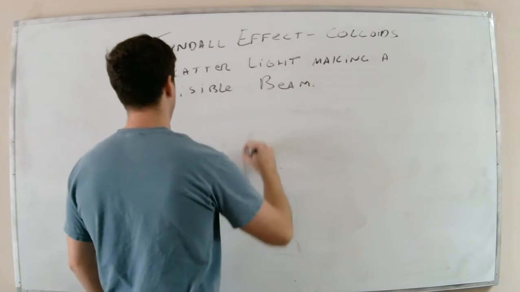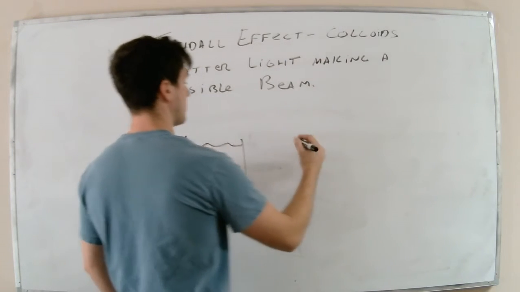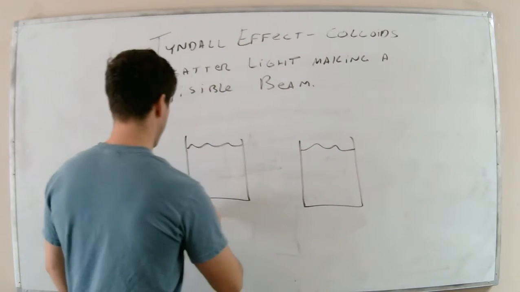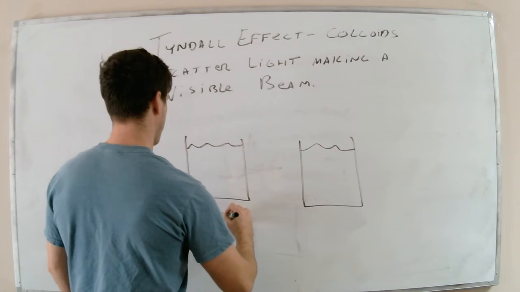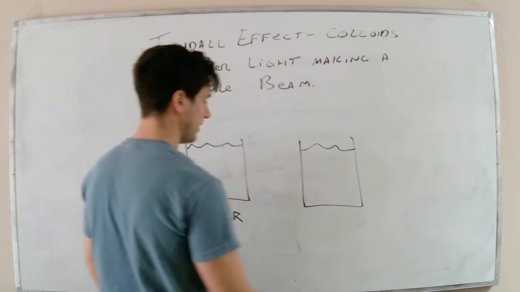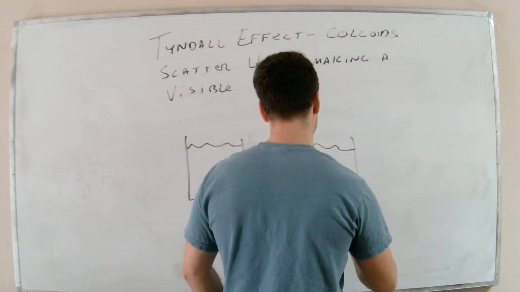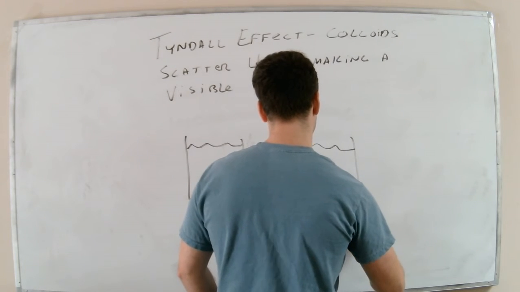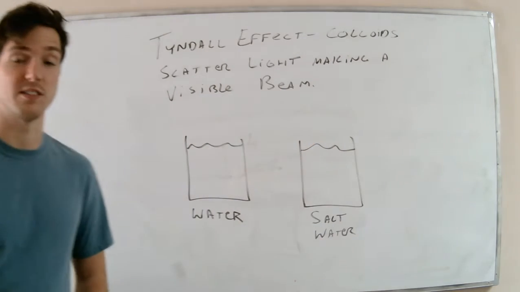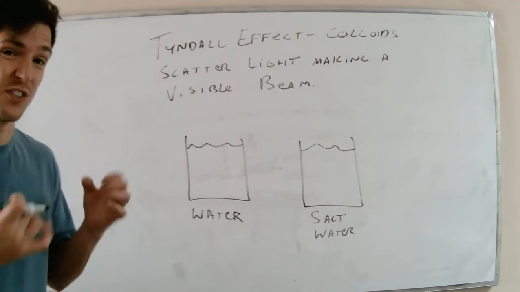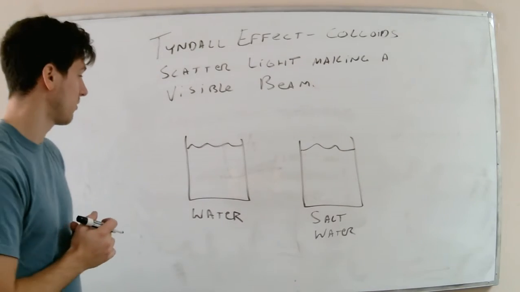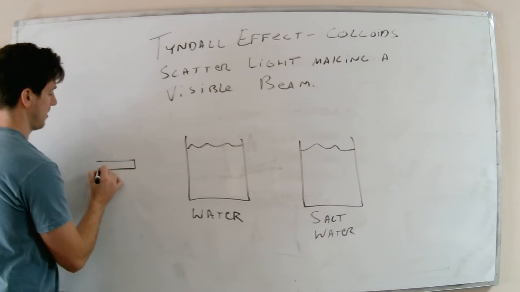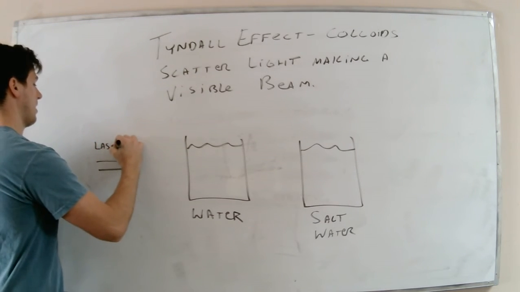Let's say I have two beakers here. In this beaker I have water, and in this beaker I have, let's say, salt water. Okay, this is a colloid. It's a solid dissolved in a liquid. There's those little salt particles floating around in there. And then let's say on this side I have a laser.